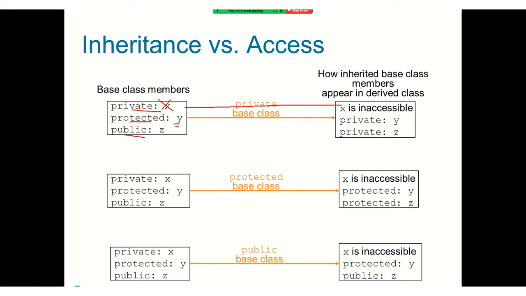Now, inherited base class members appear in the derived class. It looks like a private within the derived class. So basically, from outside the derived class, if you instantiate this derived class, this Y will be private to them from outside. And then public: if the base class member is public, then the inherited base members appear in the derived class as private.